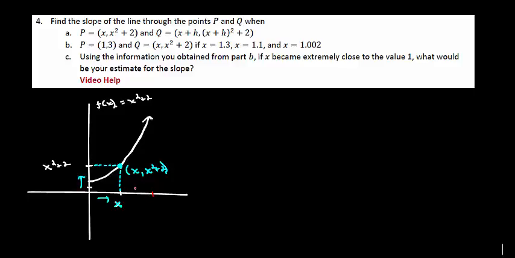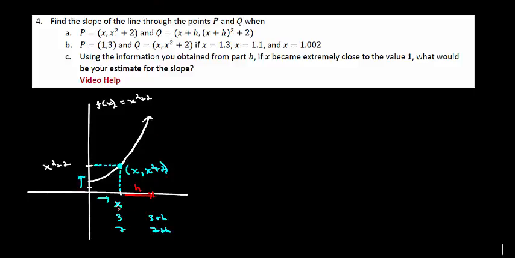The distance that we move over, we're going to call h. You can think about this as calling it delta x if you want to. It's the exact same thing. So if x was 3 and I moved over h, this would be 3 plus h. If x was 7, this would be 7 plus h.